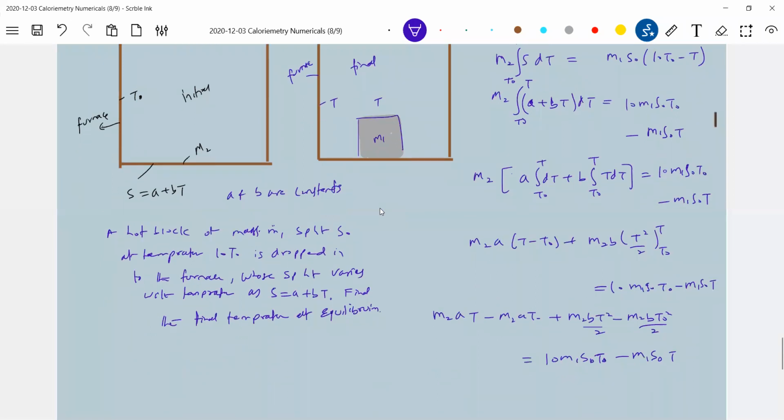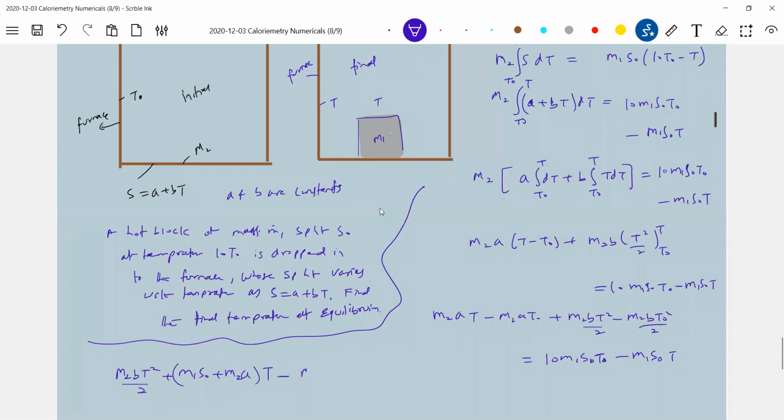So let me simplify further. M2B T square by 2 plus M1 S naught plus M2A, this is M2A T. Remaining, what all will come?